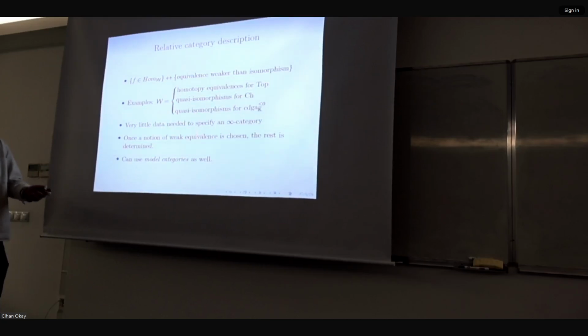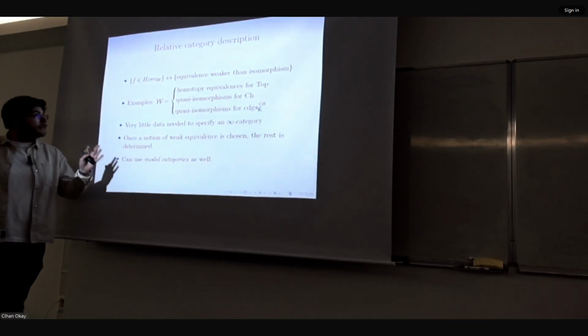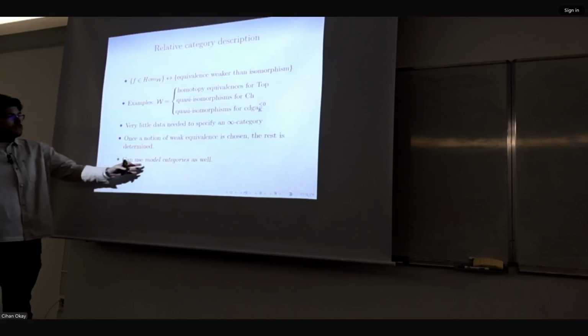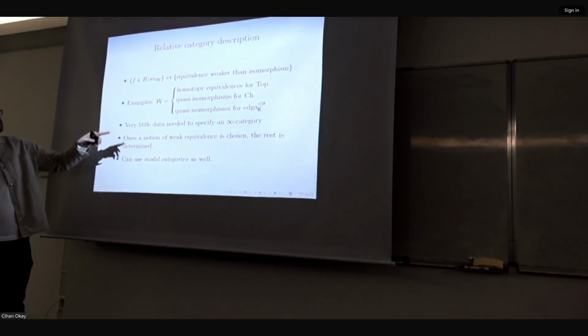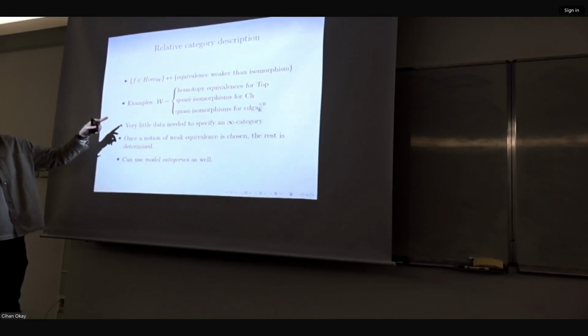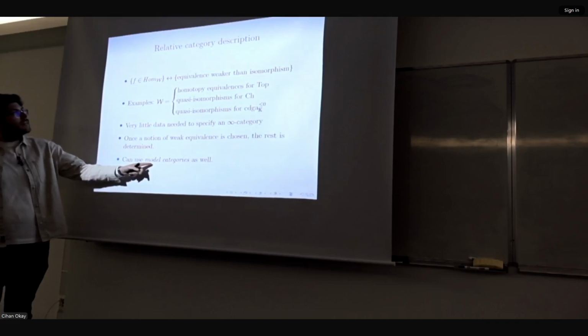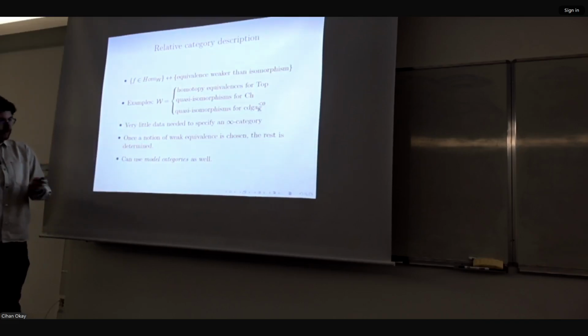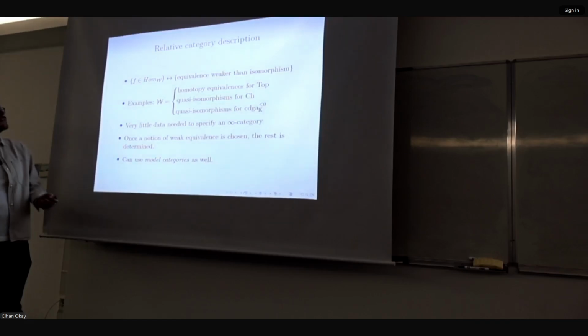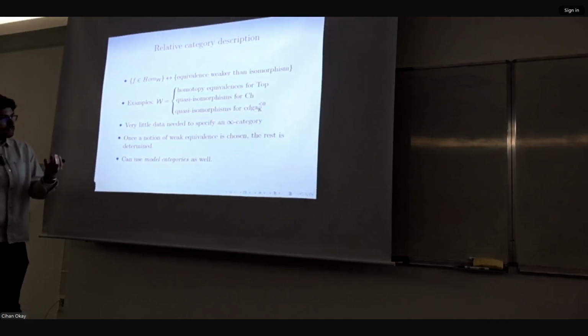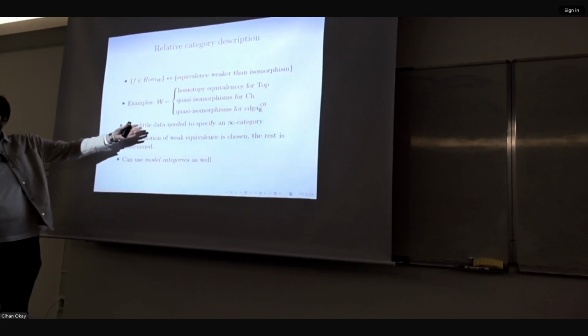So the easiest informal way of specifying an infinite category is introducing this W. And especially we will use this approach in practice. It's very useful. And a very particular way is you can use model categories. If you look carefully, this is almost like a model category, right? It has a model category structure, but model categories are actually very particular relative categories. So the model category structure is one way of introducing such a structure.